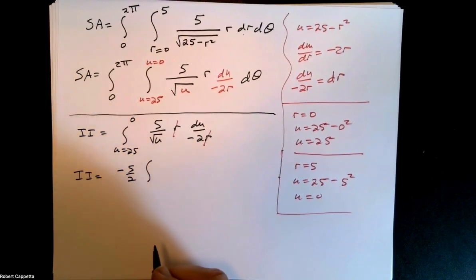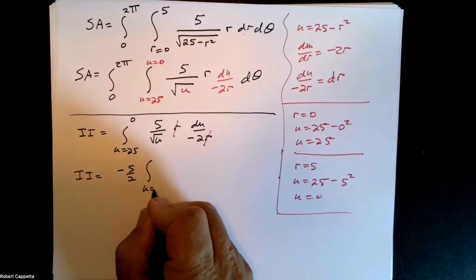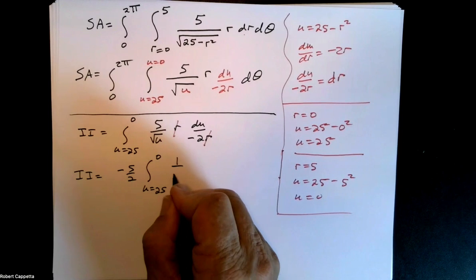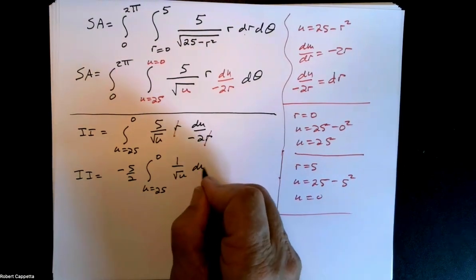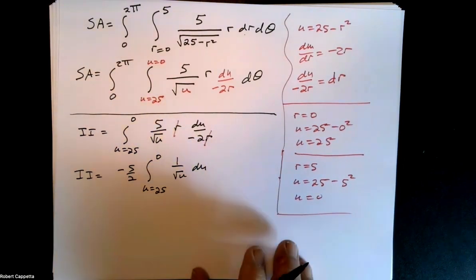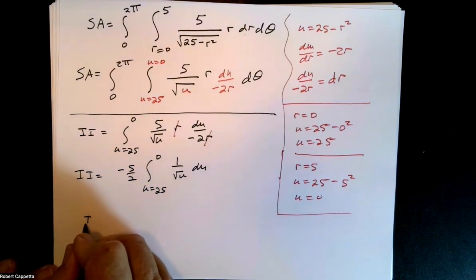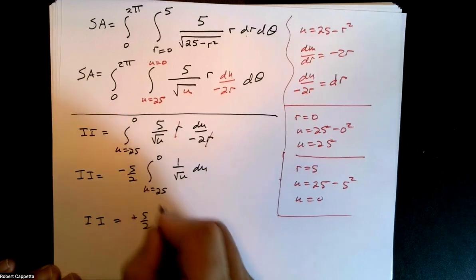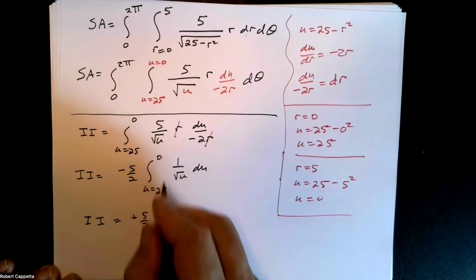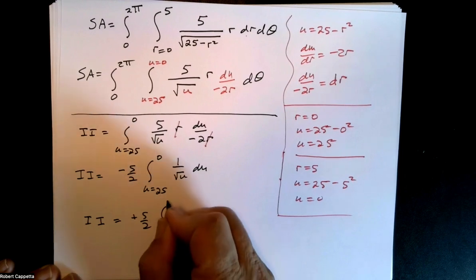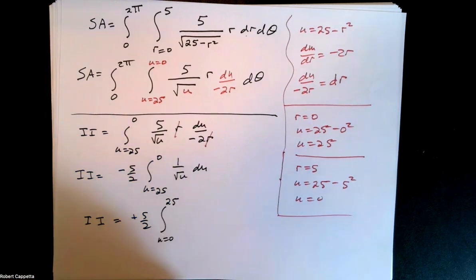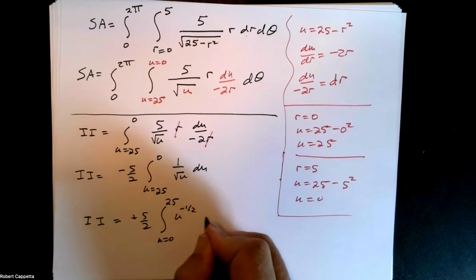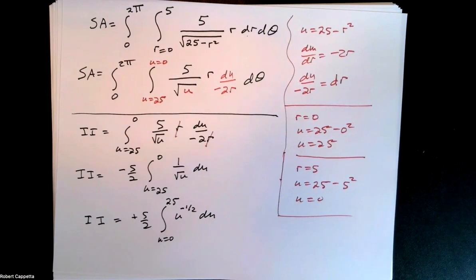Then we have the integral as u goes from 25 to 0 of 1 over root u du. So the inner integral becomes negative 5 halves. Well, actually, let's go ahead and make it positive 5 halves and switch the order of integration. I'd like to go from a smaller number to a larger number. So u goes from 0 to 25 of, and then we'll think of 1 over root u as u to the negative 1/2 du.